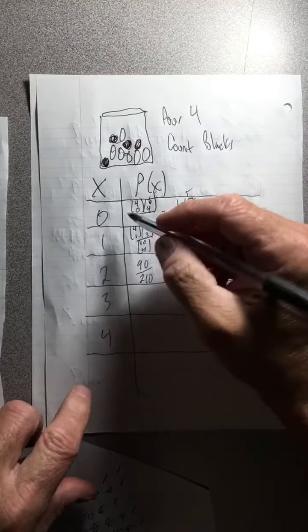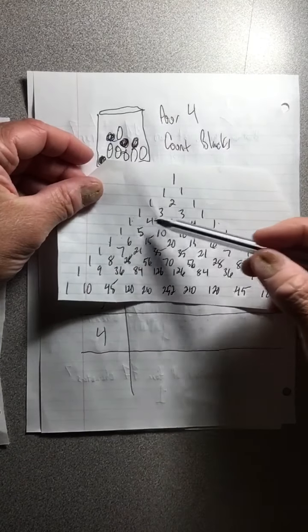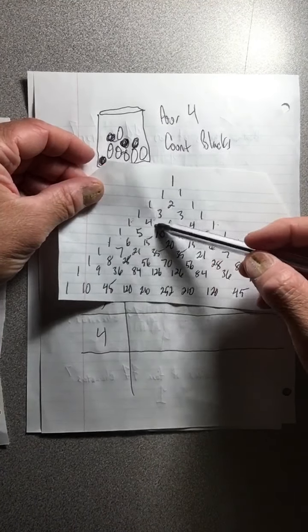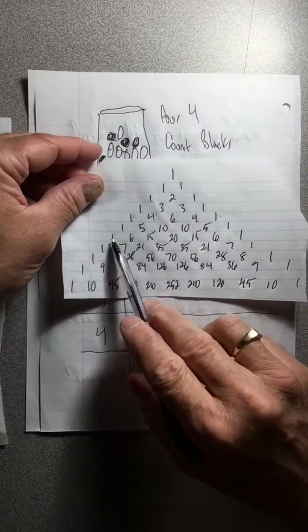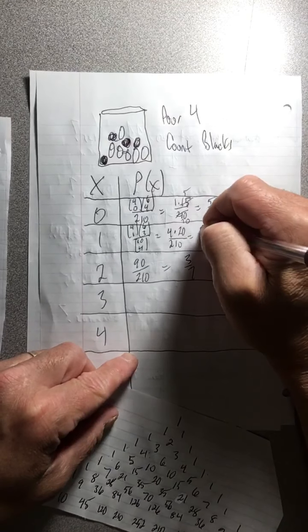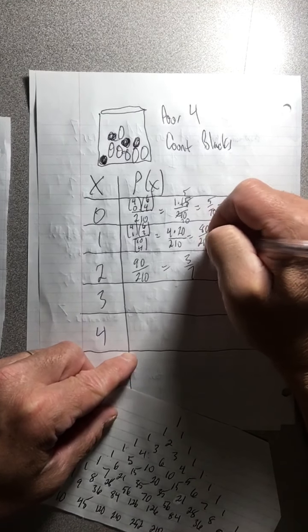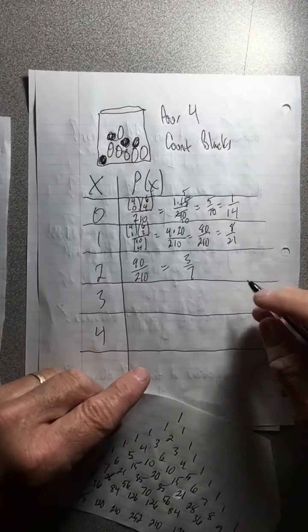The first entry is always the row you're on, so on row 4, there's 4 here. And then the third entry on the 6th row is 0, 1, 2, 3, 20. That gives me 80 over 210. If I reduce, that's 8 over 21.